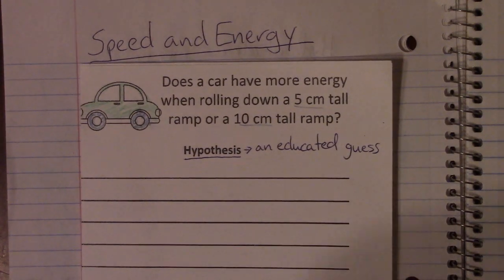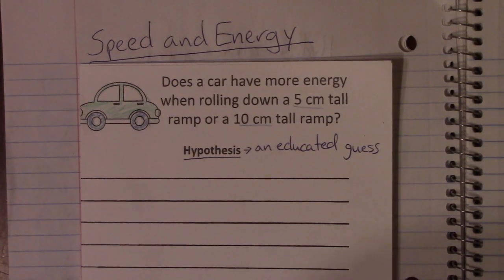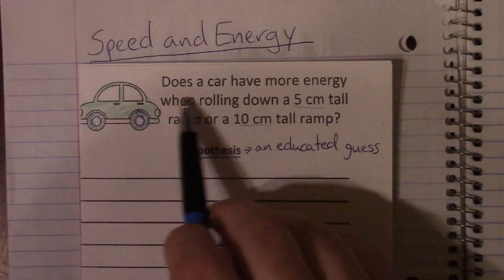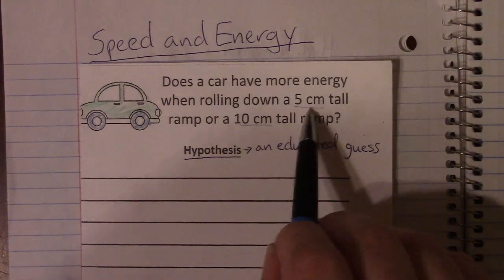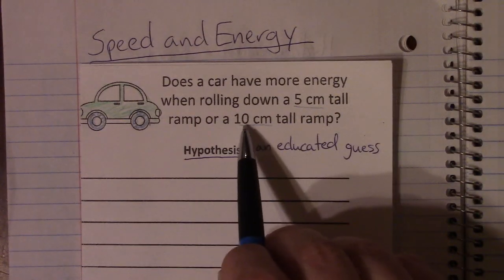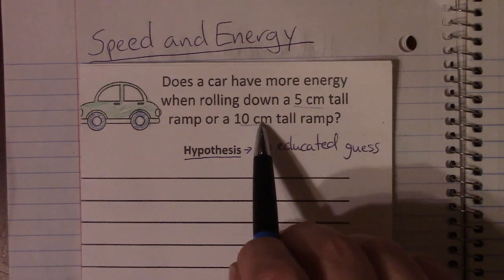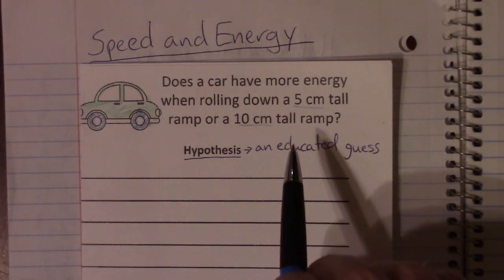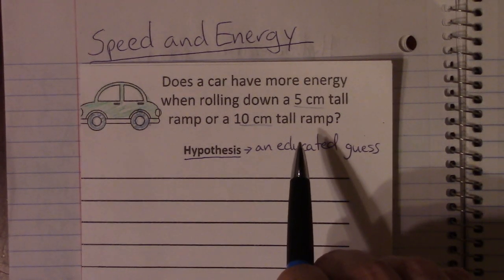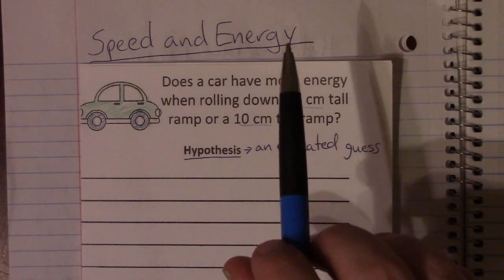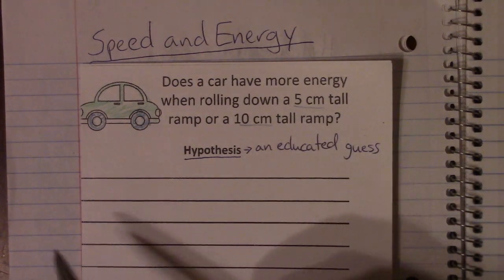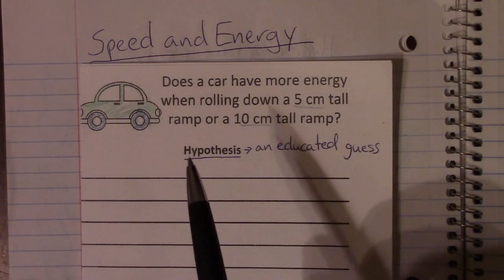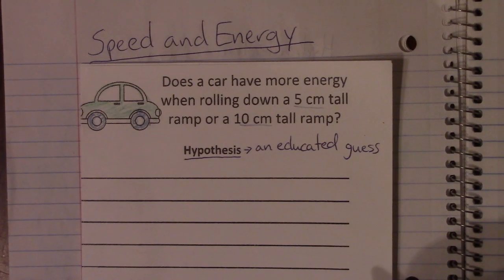guess. Okay? So for this, let's think about it for a second. Do I think that the car will have more energy when rolling down a 5 centimeter tall ramp or more energy on a 10 centimeter tall ramp? Well, thinking back to those roller coasters, and also my experience of being on a roller coaster, it seems like you move faster when you're going down a larger hill, right?